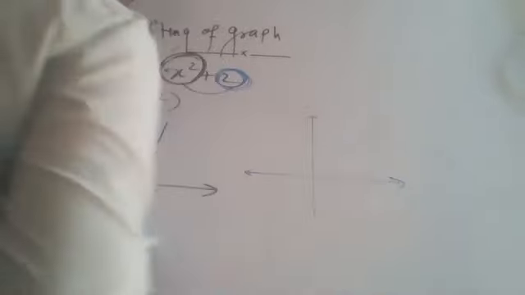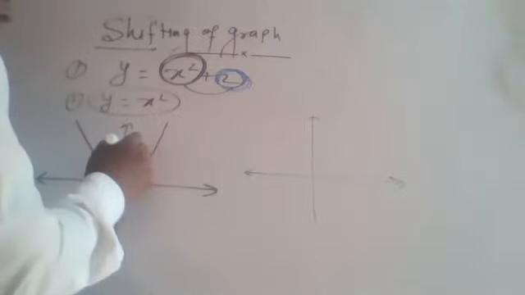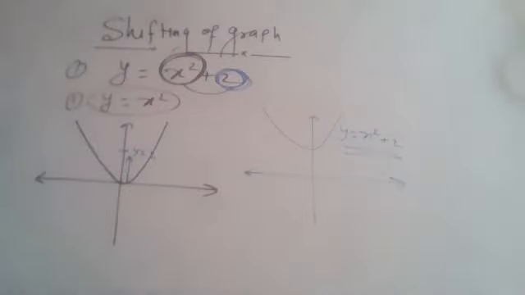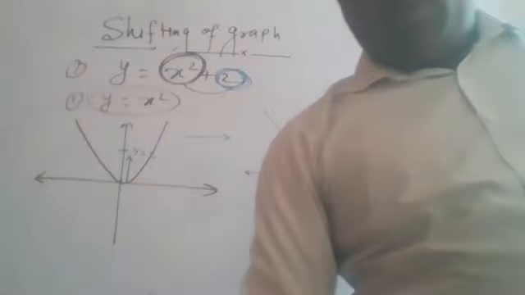When we shift the graph along positive y-axis at y equals to 2, we get the graph of y equals to x square plus 2. We obtain it by shifting the graph along positive y-axis. Okay, so just write down everyone onto your copy.